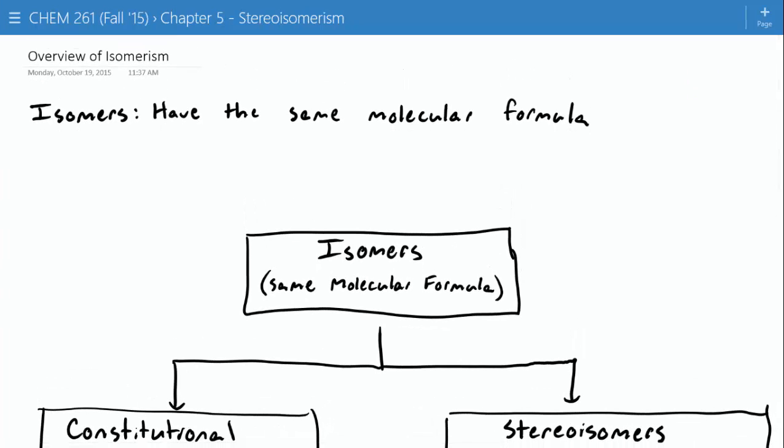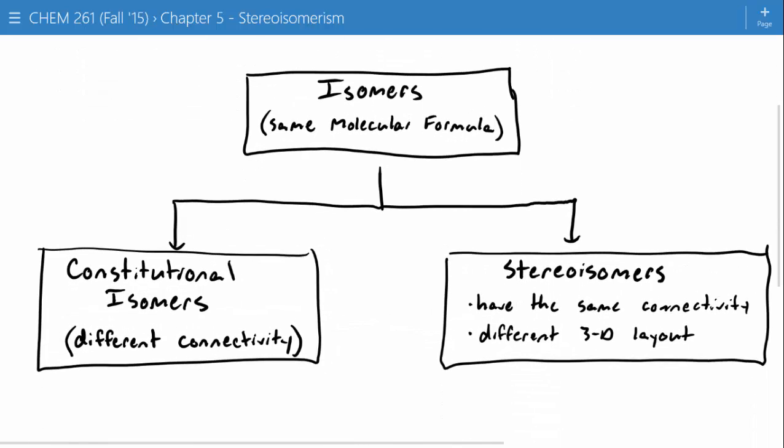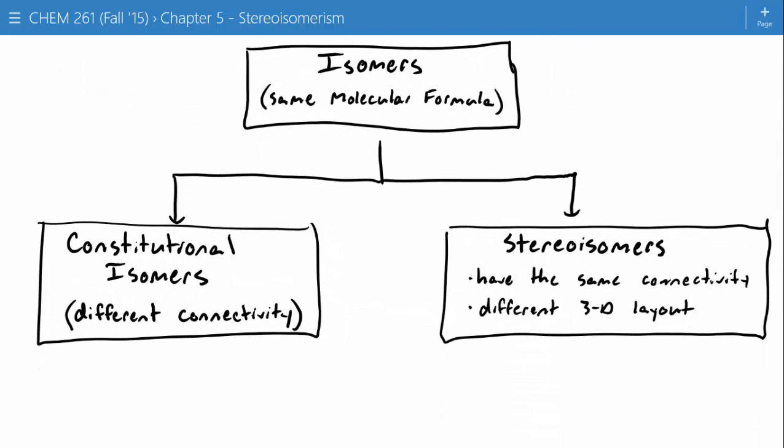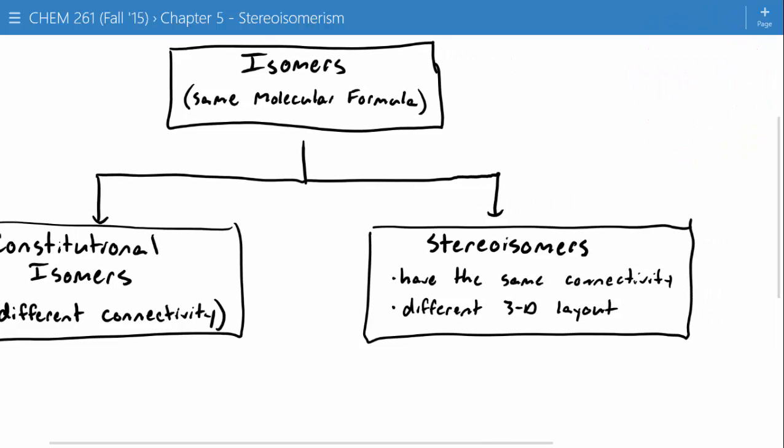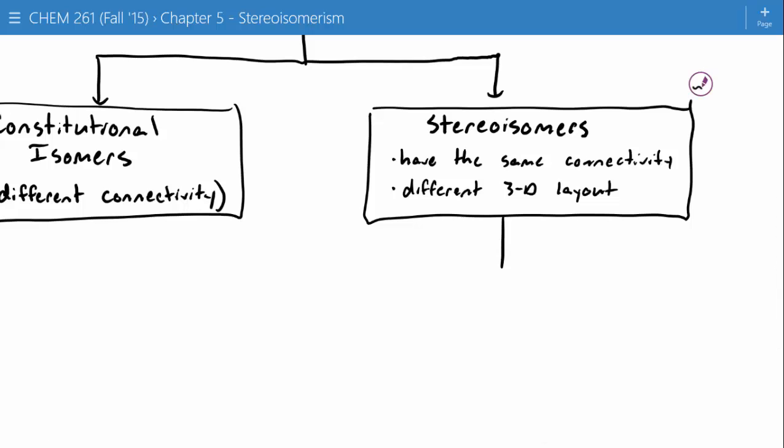So a couple days ago, we made this flowchart where we said isomers have the exact same molecular formula, but within isomers, we have two different classes. We've got constitutional isomers that have different connectivities, and then we have stereoisomers that have the exact same connectivity, but a different three-dimensional layout. Now what we can do is we can break these stereoisomers into two new classes.